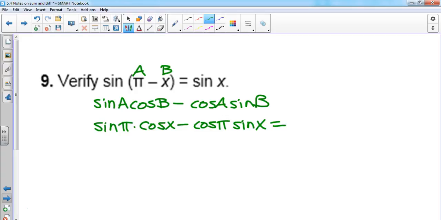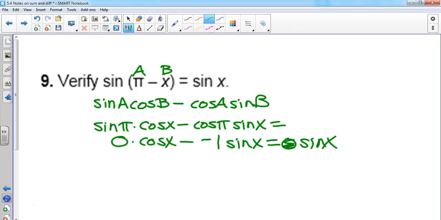That easy. What is the sine at pi? It's a verify, so I'm going to show my work. What is the cosine at pi? Okay, we're trying to prove that it equals sine x. Does it equal sine x? Yes. 0 times cosine is 0. Minus negative 1 becomes plus 1. Okay.